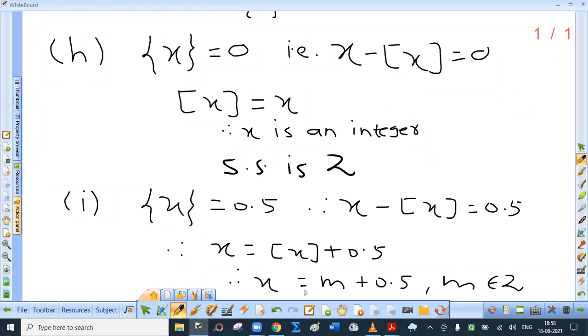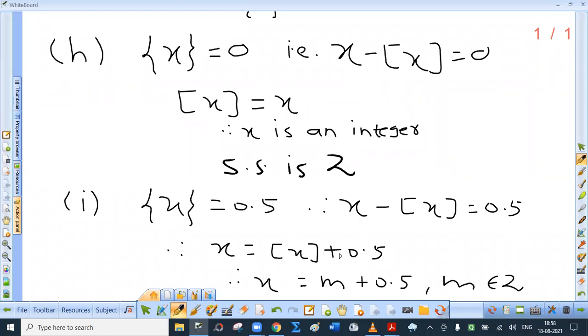For example, suppose m is 3. So what is step 3? 3. 3 plus 0.5, 3.5. Now tell me, what is fractional part of 3.5? 0.5. Simple. Suppose m is minus 3. What is step value of minus 3? Minus 3.